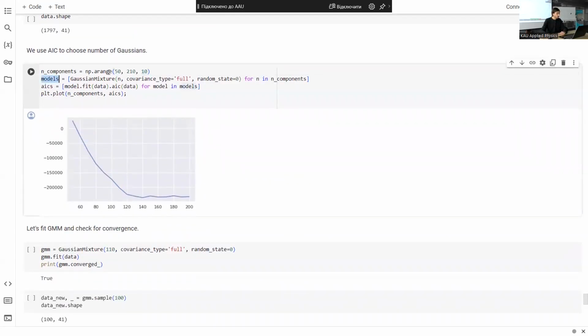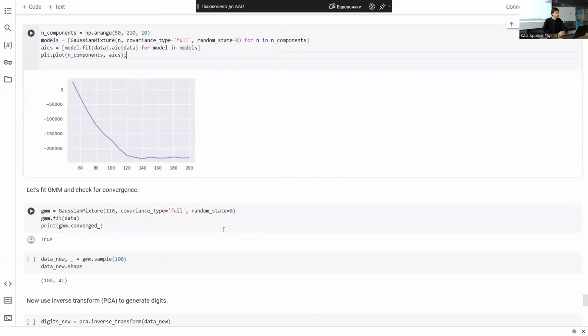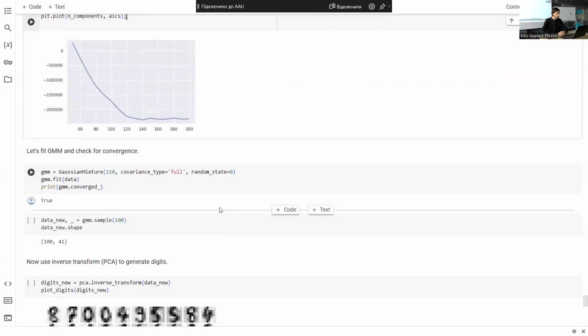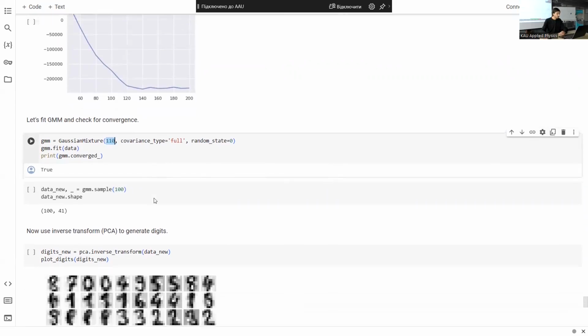Here is my model. I'm trying n in a range from, I guess, 50 to 210, and I'm doing that with some step because all these calculations take a bit of time. But all in all, I get a plot of AIC, and I can look at this plot and guess how many I need. So here it looks like maybe 110 will be good enough.